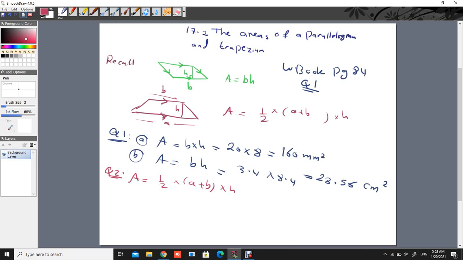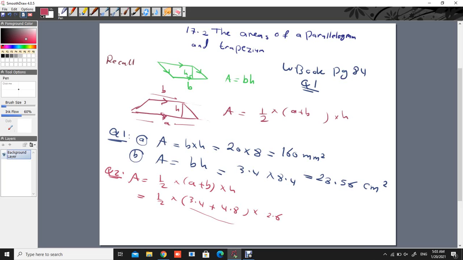Parallel means if you extend this side and this side, they will not intersect. This is the meaning of parallel. So here A and B are the lengths of the two parallel lines. So here half times, A is 3.4 plus B is 4.8. Now the height is 2.6.